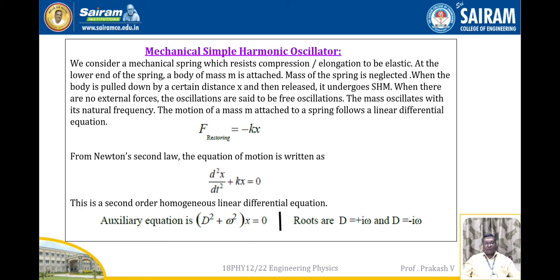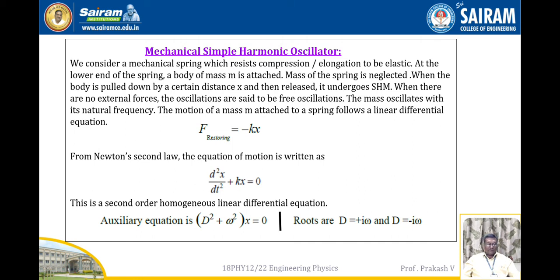The motion of mass m attached to the spring follows a linear differential equation. That is, the restoring force F is equal to minus k into x. According to Newton's second law, the equation of motion can be written as d square x by dt square plus kx is equal to 0.